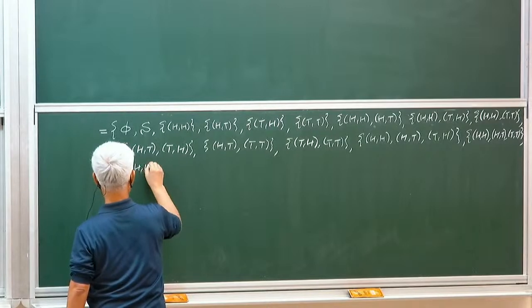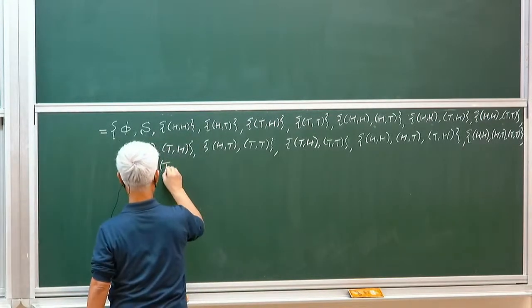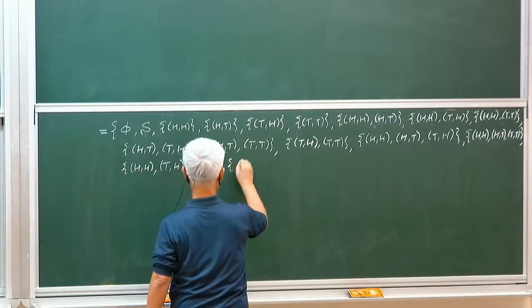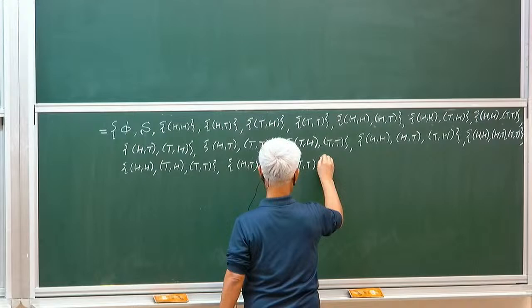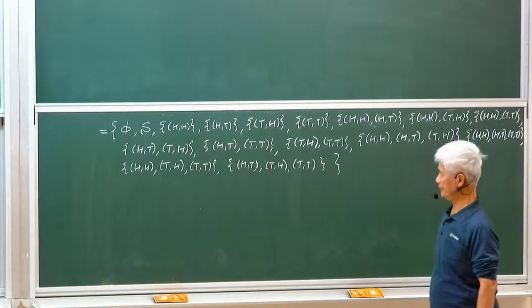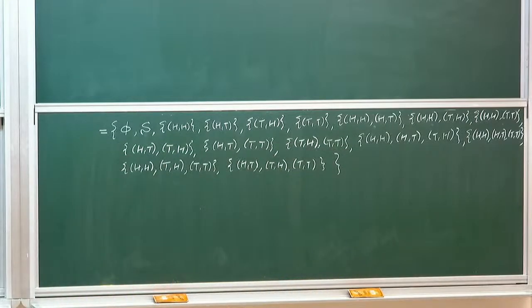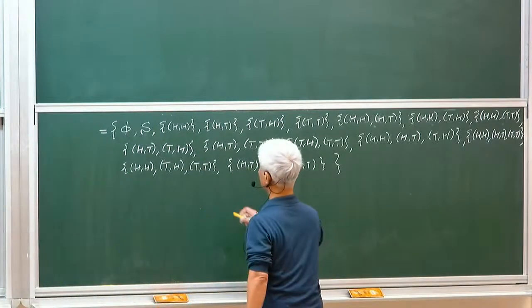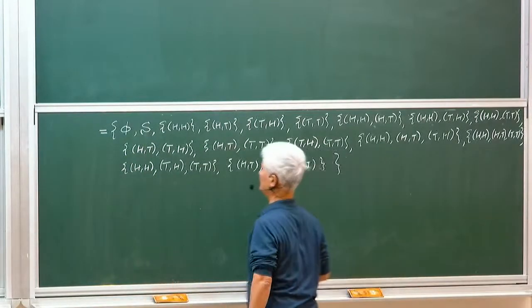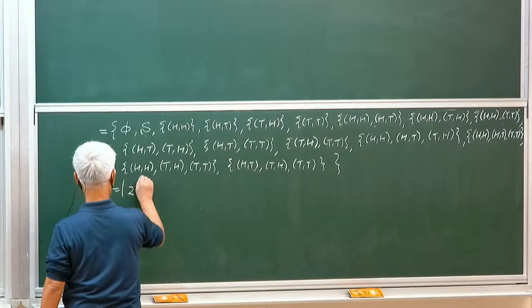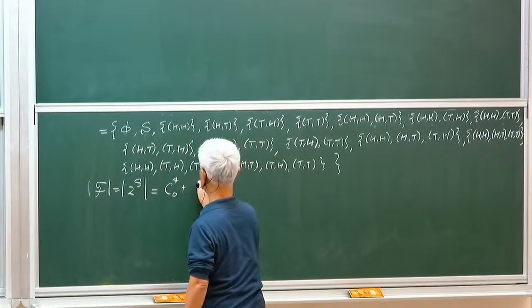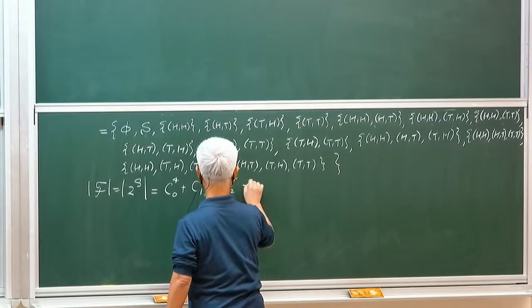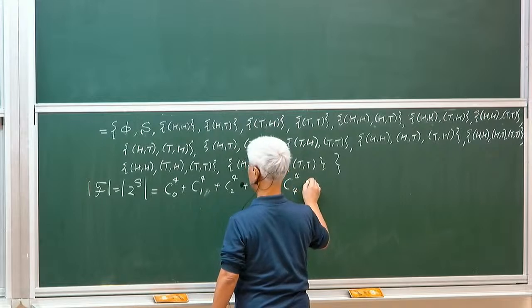So the size in this way is 4 select 0 plus 4 select 1 plus 4 select 2 and so on.